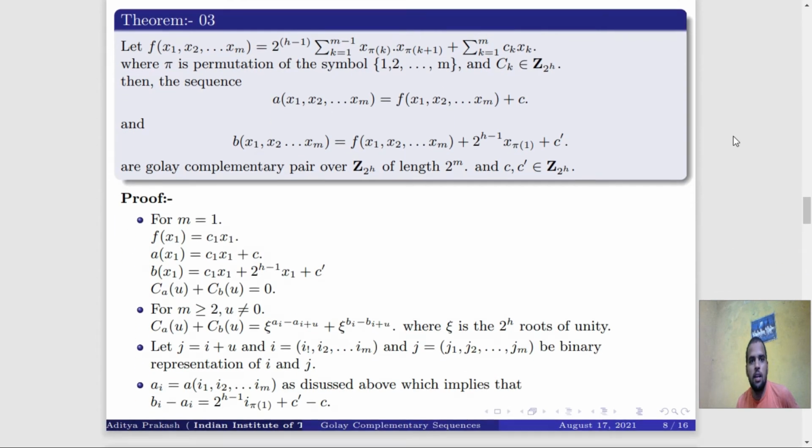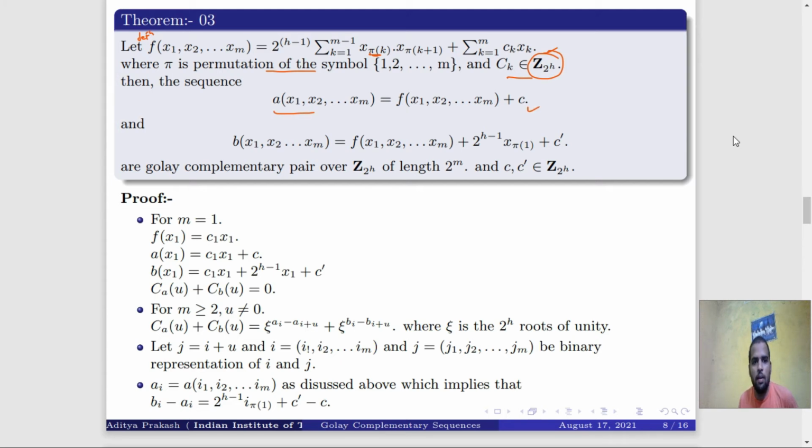The theorem says: let f(x1, x2, ..., xm) be defined in such a way that f is equal to 2 to the power h minus 1, summation k equal to 1 to m minus 1 of x_pi(k) x_pi(k+1), plus summation k equal to 1 to m of c_k x_k, where pi is a permutation of the symbols 1 up to m, and c_k belongs to Z to the power h.